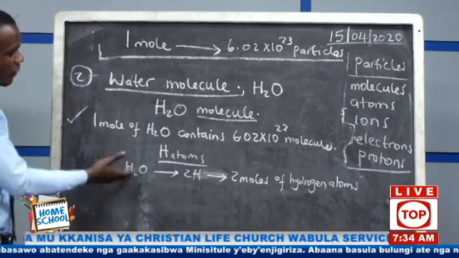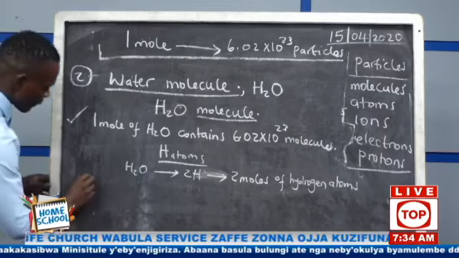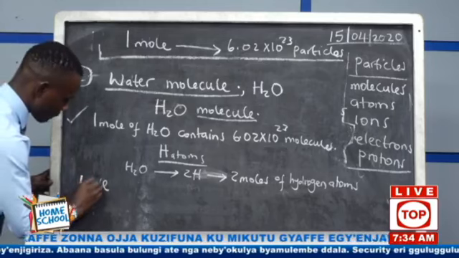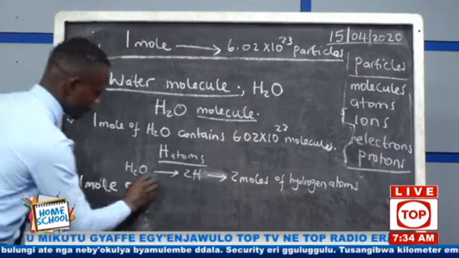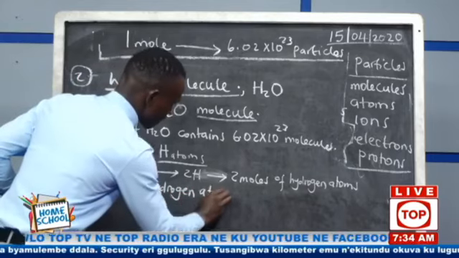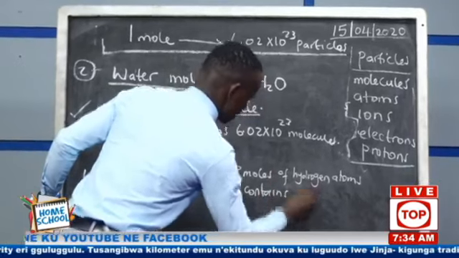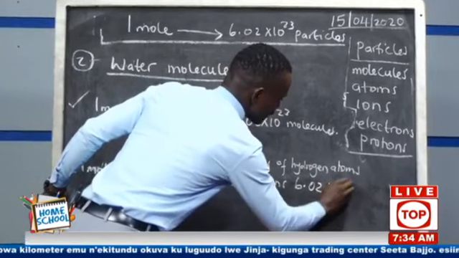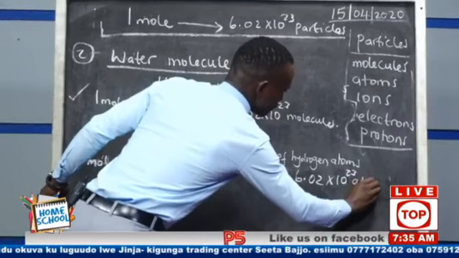Okay? Then when it is having 2 moles of hydrogen atoms, now we say if 1 mole of hydrogen atoms contains 6.02 times 10 power 23 atoms.